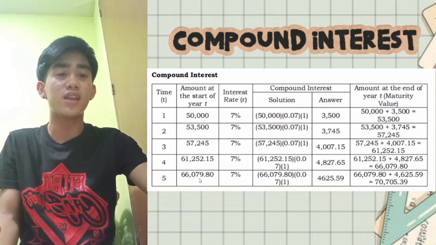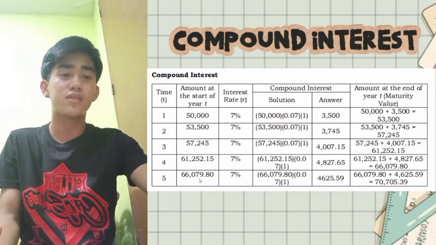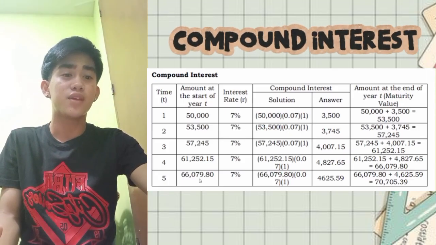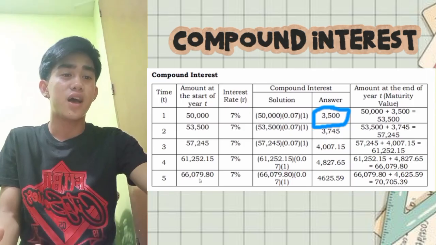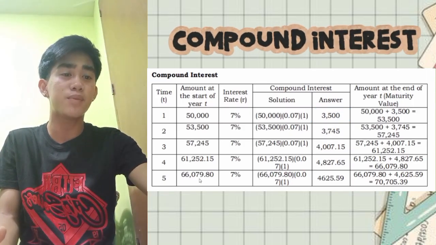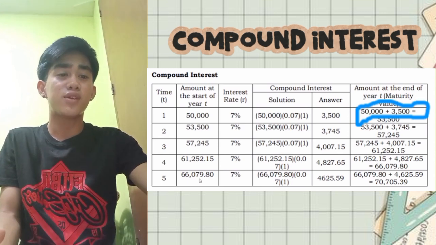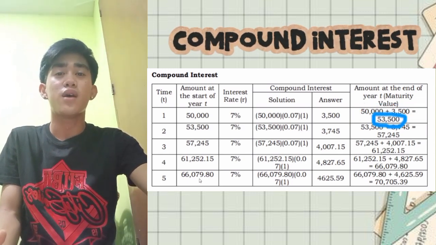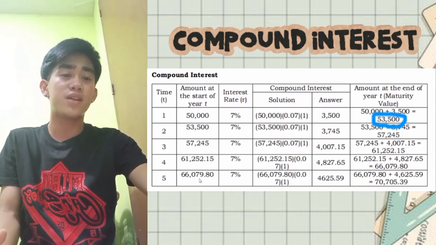Pag minultiply natin ang 50,000 times 0.07, lalabas ang 3,500. Ang interest, pag inadd natin sa principal, 50,000 plus 3,500, ang total ay 53,500.